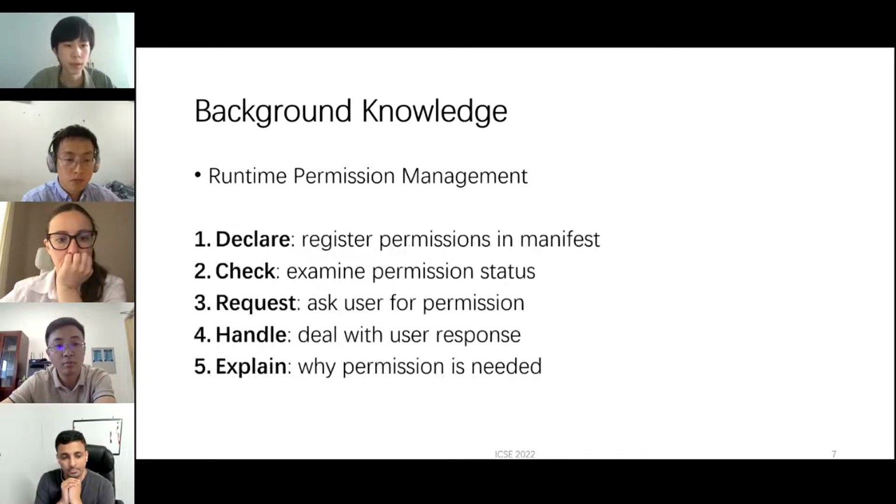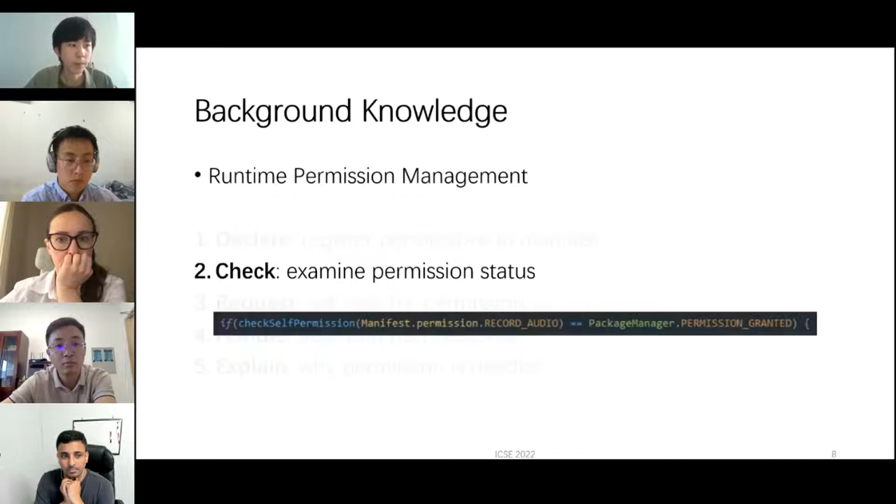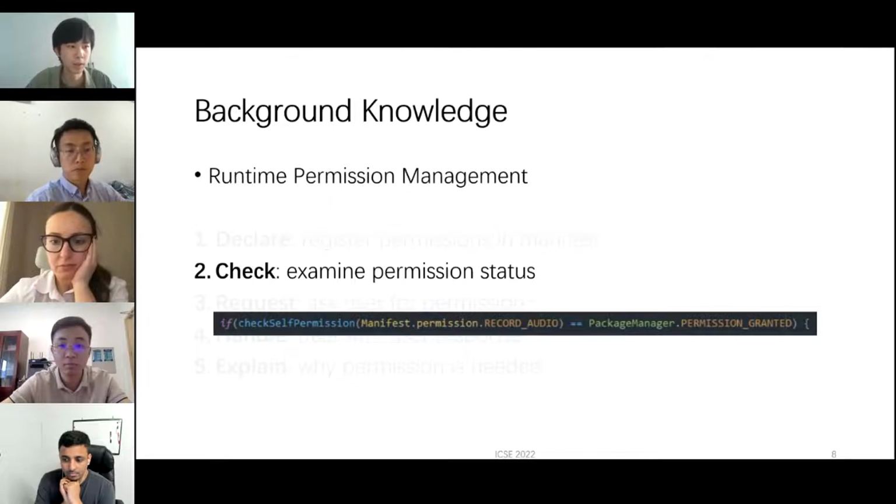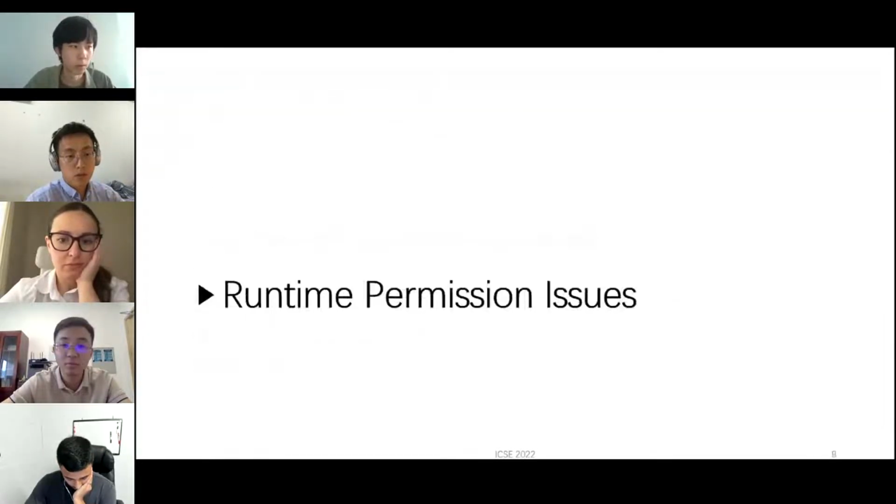There are 5 steps in total, and an important step is to check whether a permission has been granted by the user by invoking the check API. An example is checkSelfPermission. This API is provided by the Android SDK. Without this step, a dangerous API can be called without the corresponding permissions being granted, and that causes some abnormal behavior.